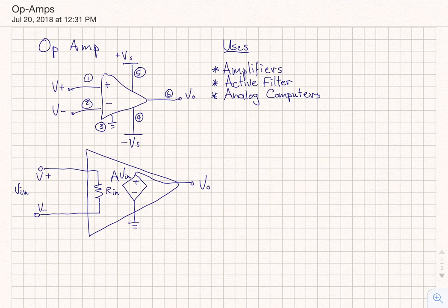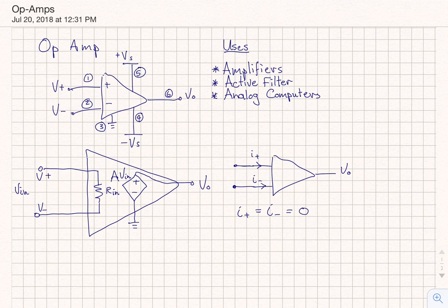Alright, something else to remember, if we look at an op-amp and we look at the input terminals, we're going to say there's some current I plus and some current I minus going into these input terminals. Now ideally what we want is we want I plus to be equal to I minus, which is 0.